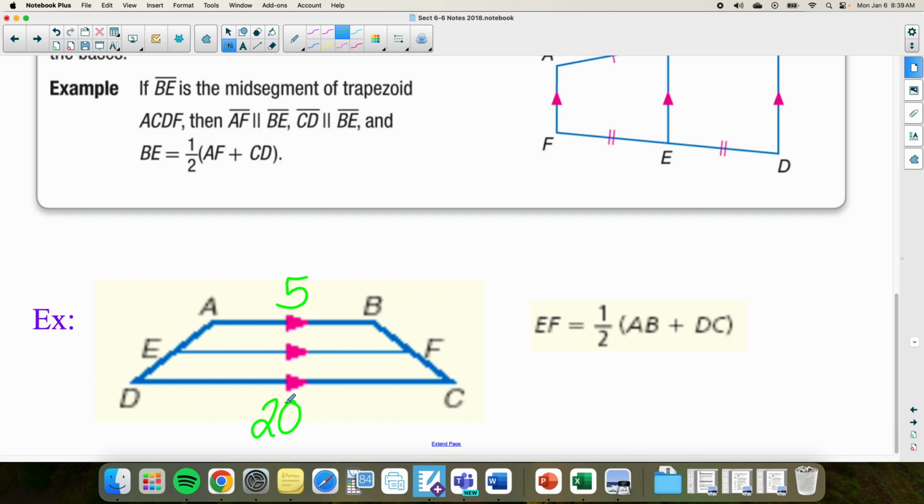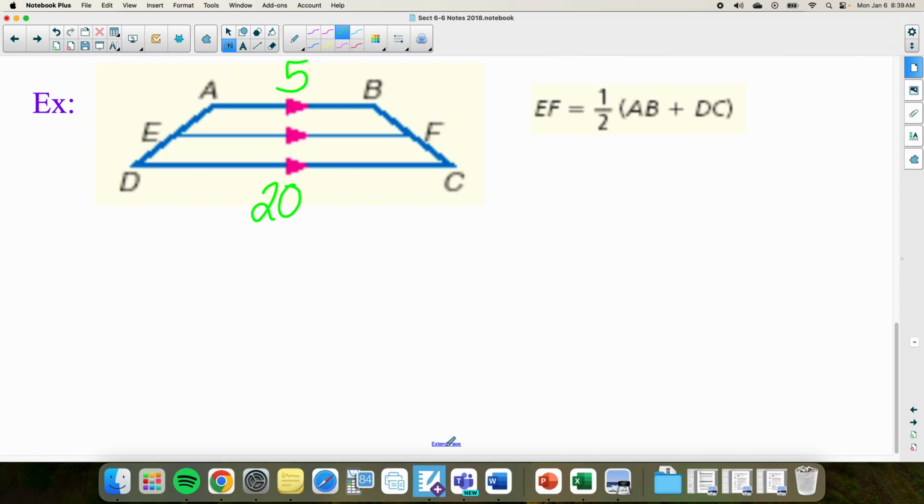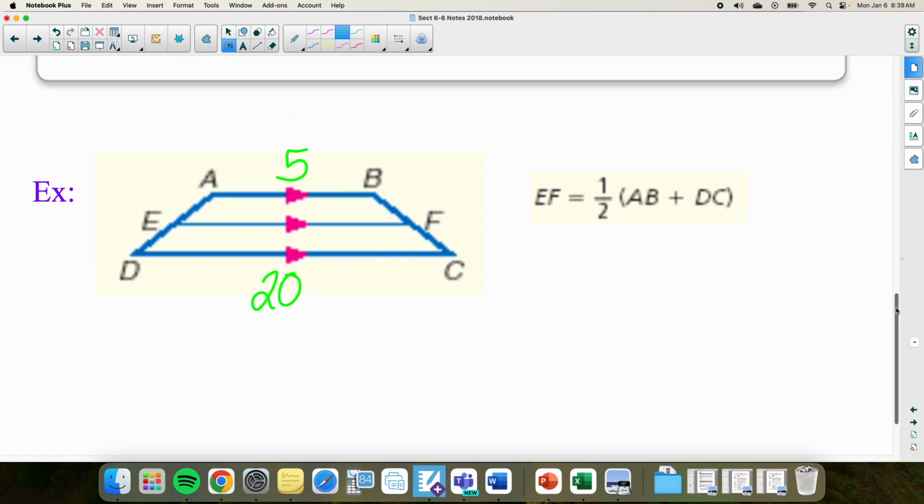It's kind of like finding the average between the two bases, okay? I stick with the 1/2 in this one, but when you do this on your calculator, or if you don't do it in your head, you can certainly use the 0.5 times, and then 5 plus 20 is 25, and 1/2 of 25 is 12.5.